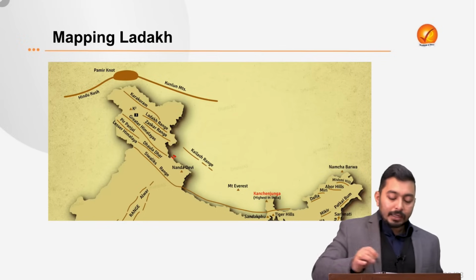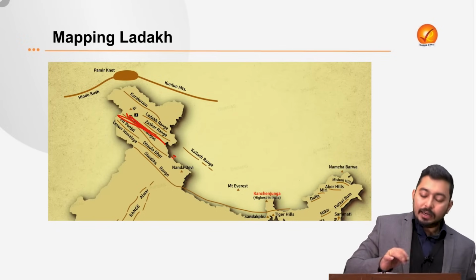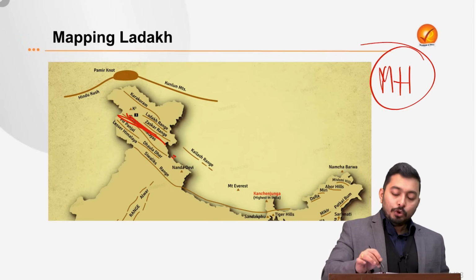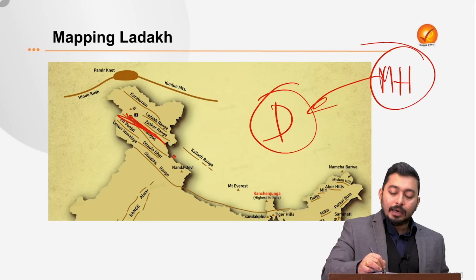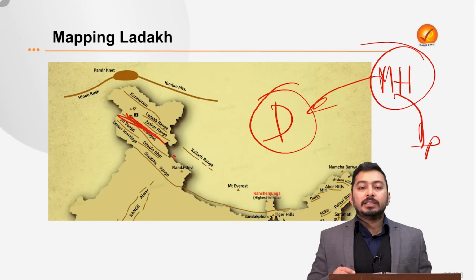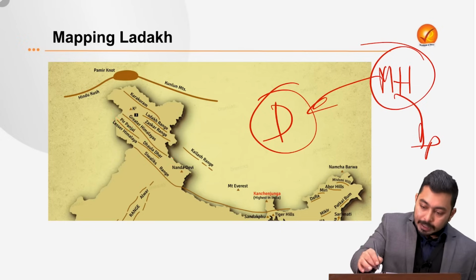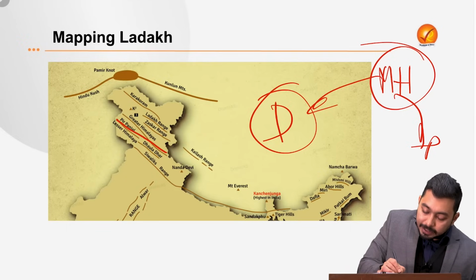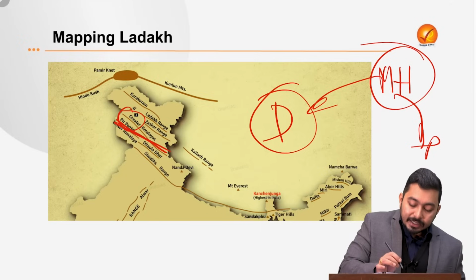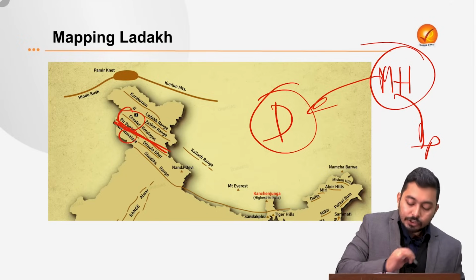Now when you look at the Great Himalaya, south of Great Himalaya is your Middle Himalaya. In Middle Himalaya, you have ranges like the Dhauladhar and the Pir Panjal. And if you want to remember the Pir Panjal range, remember that it divides the Kashmir Valley and the Jammu Valley.